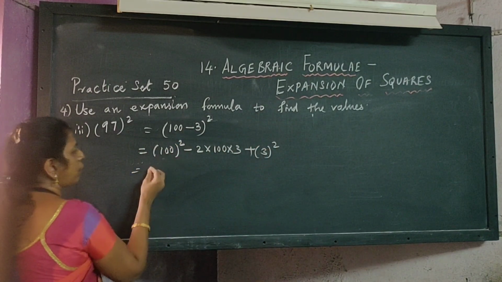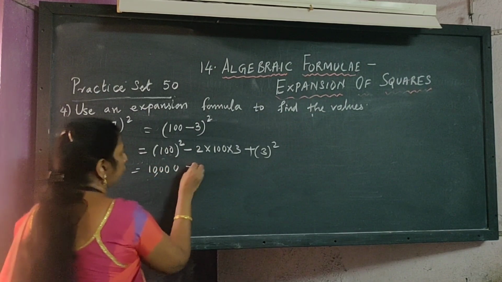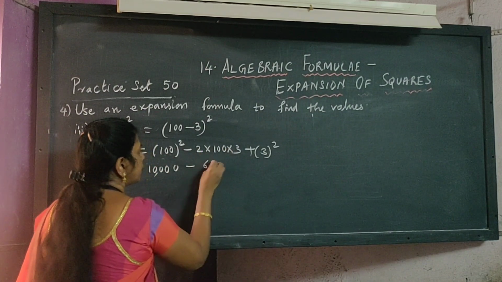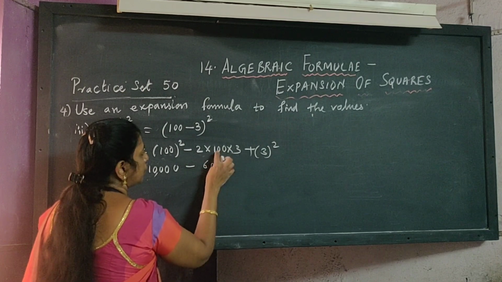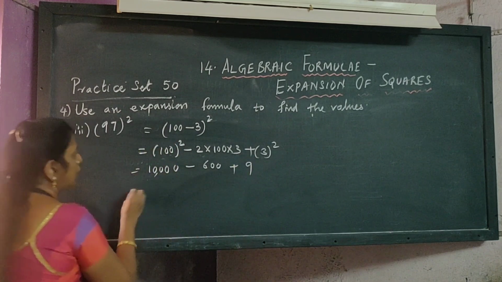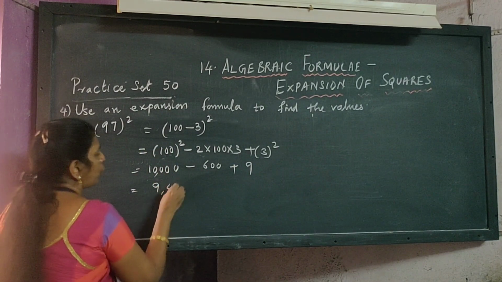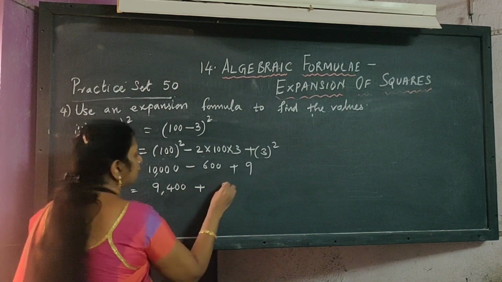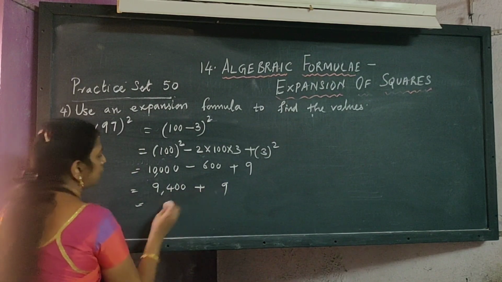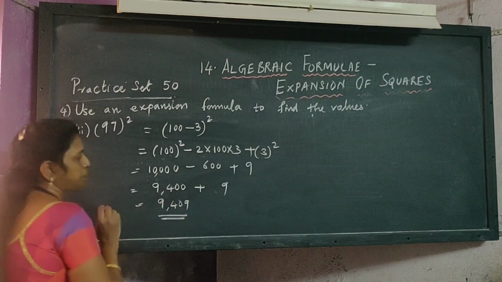Now 100 square will become how much? 2 zeros, so you put 4 zeros, 10,000, minus 2 into 3, 2 3s are 6, into 100, 600, plus 3 square will become 9. Now 10,000 minus 600 will become 9,400 plus 9. So when you add both, you will get 9,409.